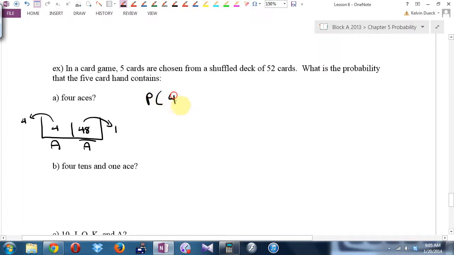Probability of 4 aces. Looks like it's going to be 4 choose 4, and 48 choose 1, over what, choose what? From 52 cards, choose 5 at random.